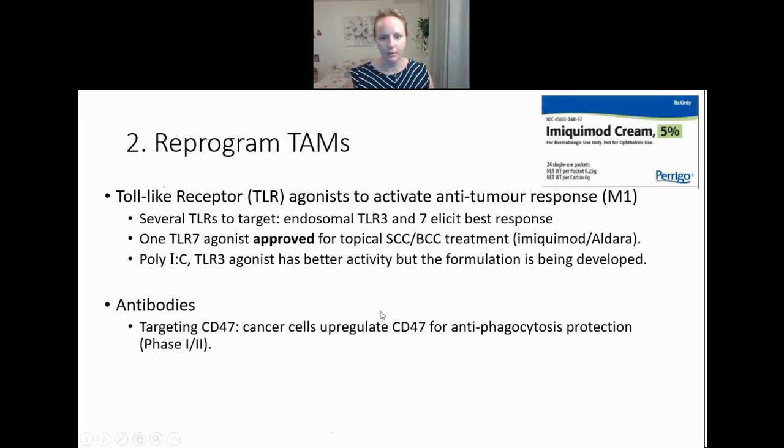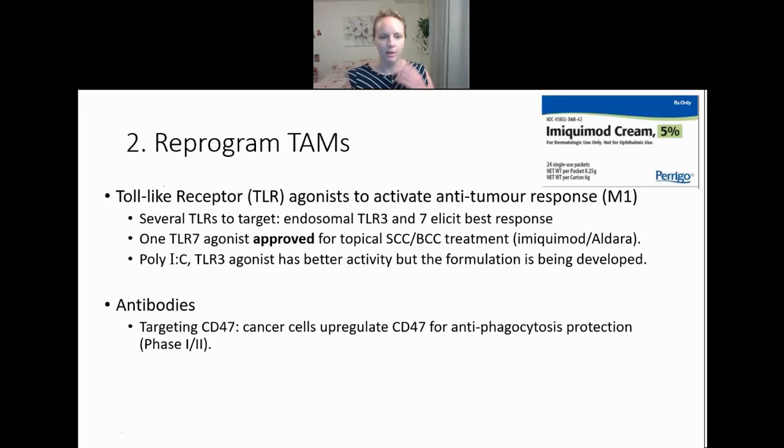There are also antibodies to try and promote the phagocytic nature of macrophages. I talk about this in the antibodies lecture, but CD47 is an inhibitory marker expressed by cells to signal to macrophages to not eat them.